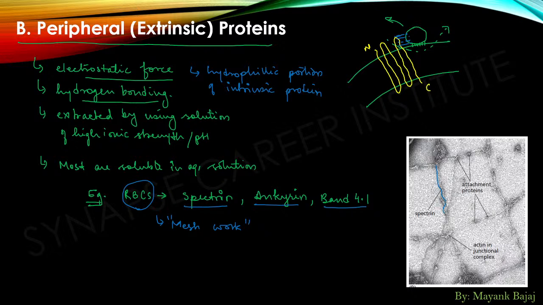This is the spectrin protein, which forms a kind of meshwork inside the membrane, to give the RBC shape and flexibility. Spectrin, ankyrin and band 4.1, all three are found on the membrane of the RBCs forming a meshwork, and they are responsible for shape and flexibility of the RBCs, right?